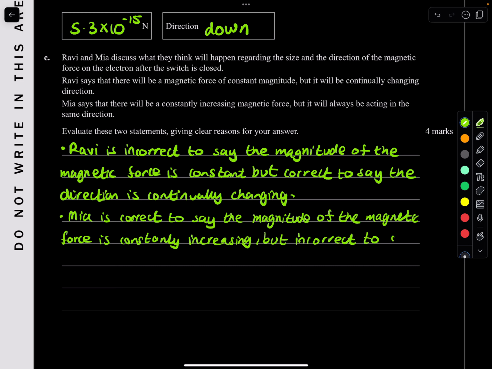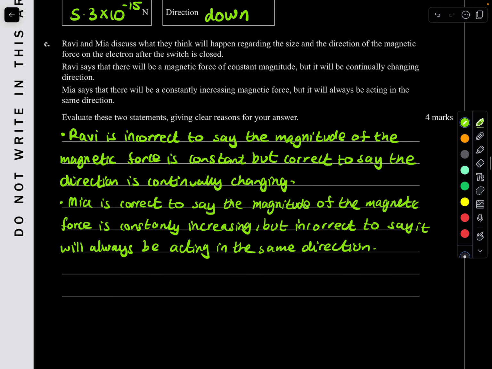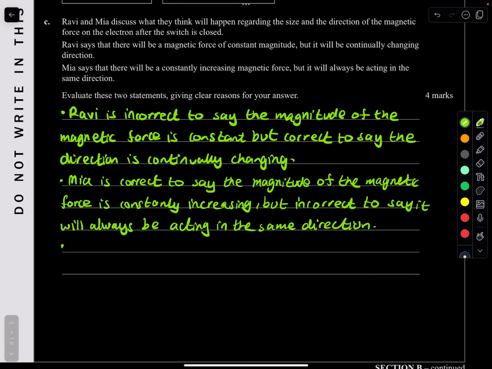So Bash is incorrect to say, what she says, it will always be acting in the same direction. Beautiful. And just a last statement where we kind of prove what the true answers were and why what we said was true.